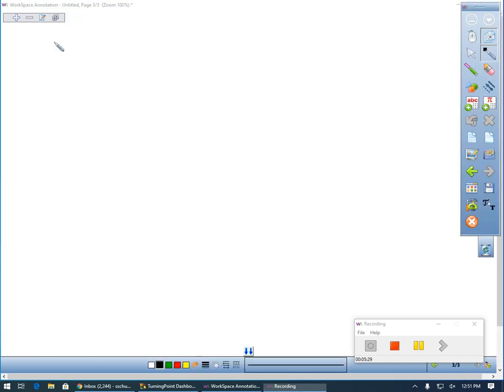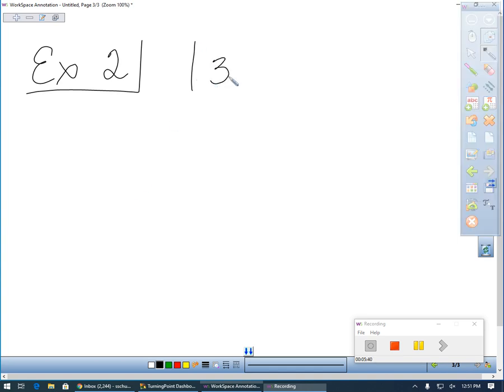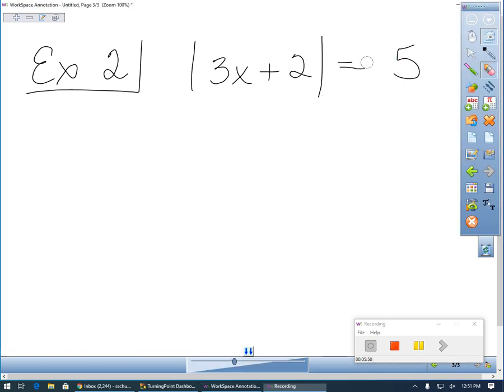Example number 2. What if I have the absolute value of 3x plus 2 equals 5? Alright.